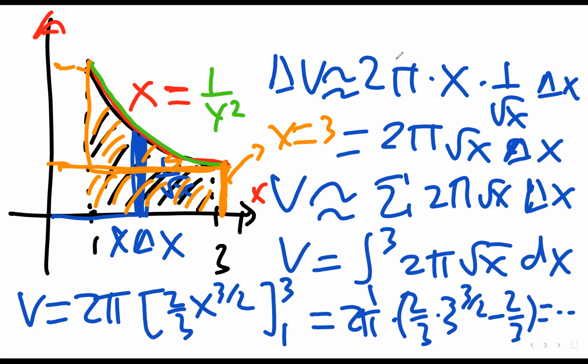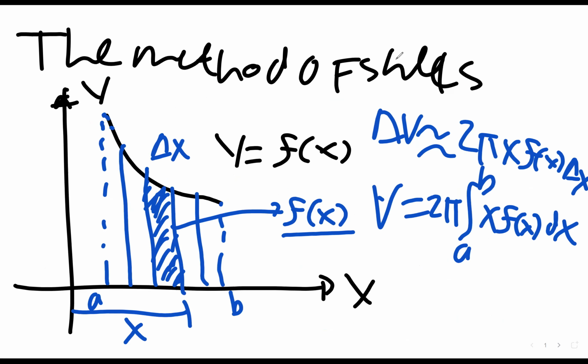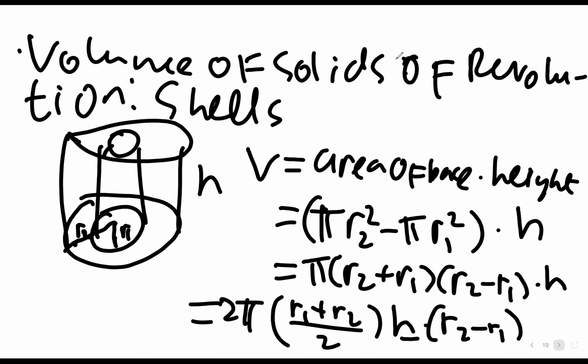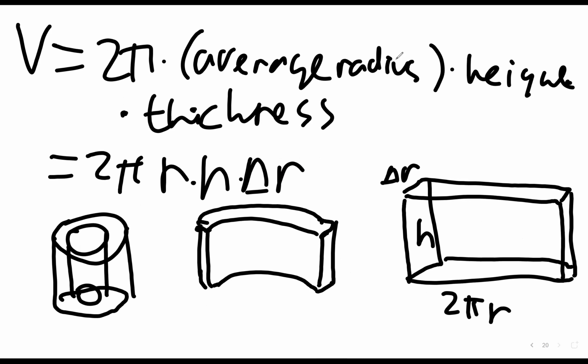They are similar. A question, if that's okay. Yes. I still don't understand how you get 2 pi x. Okay, I will repeat here. Do you understand how to calculate the volume of the solids here? In this case, you can simplify it as 2 pi times the average radius.